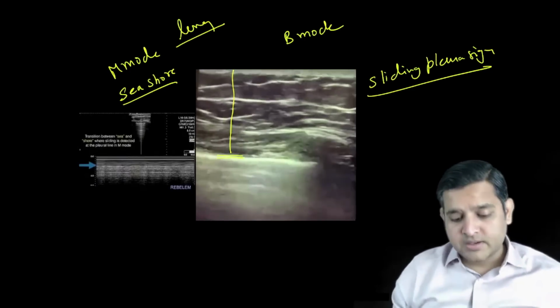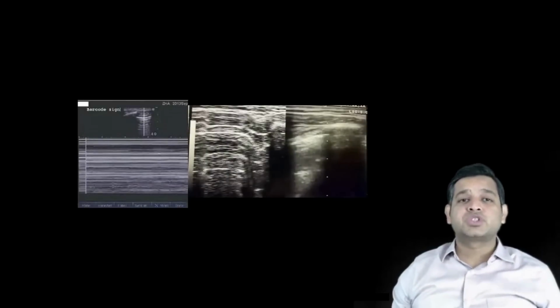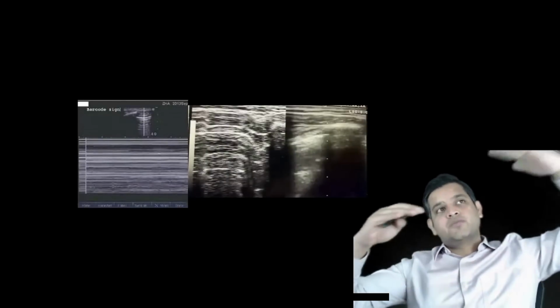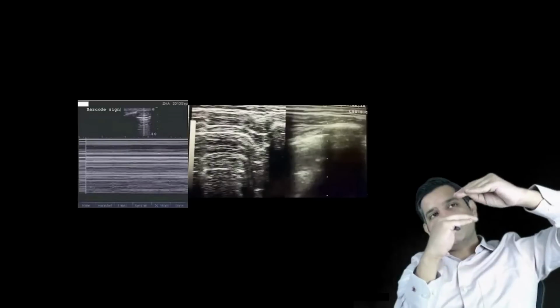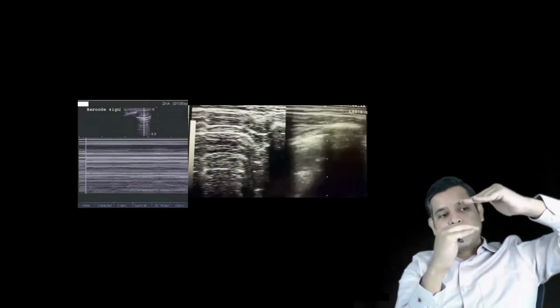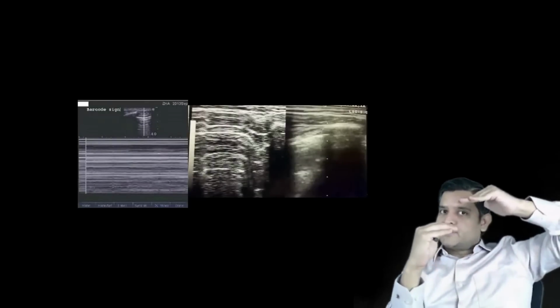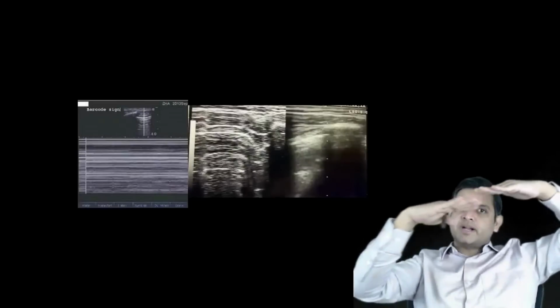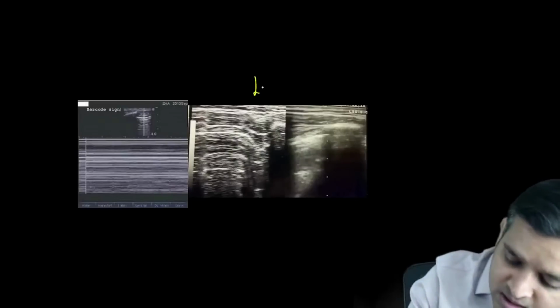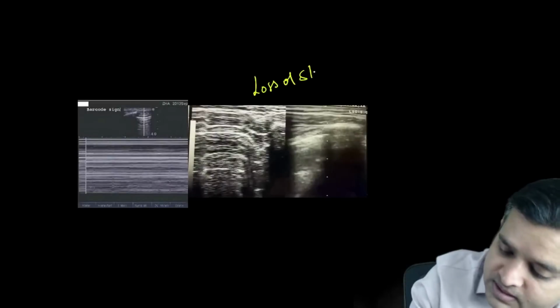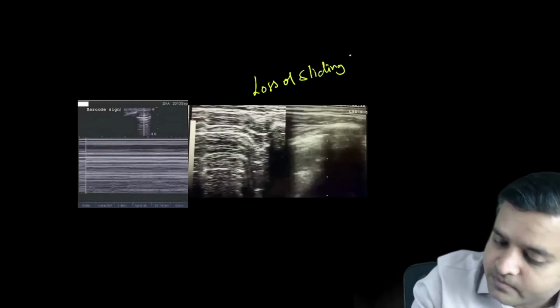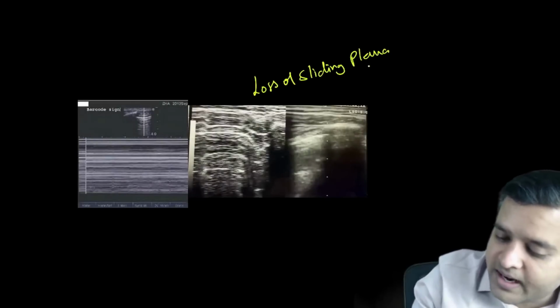However, in a pneumothorax, air is coming between the parietal and the visceral pleura, so you do not see this movement. This is what is called loss of sliding pleura sign.